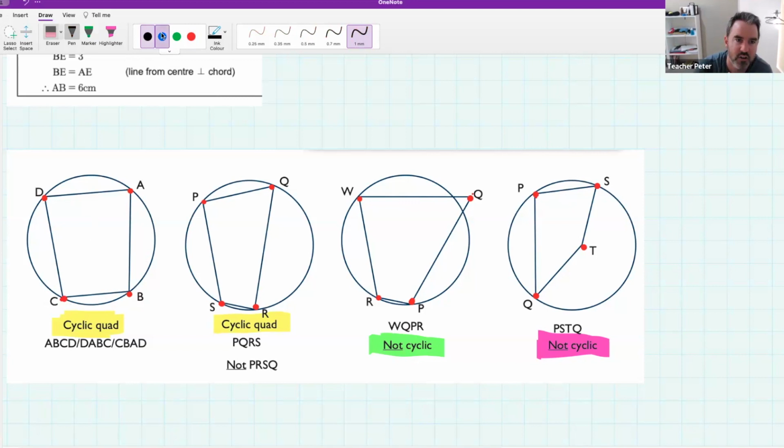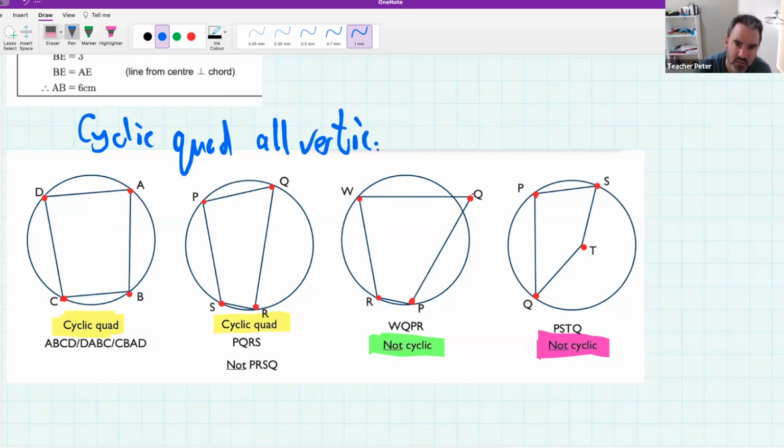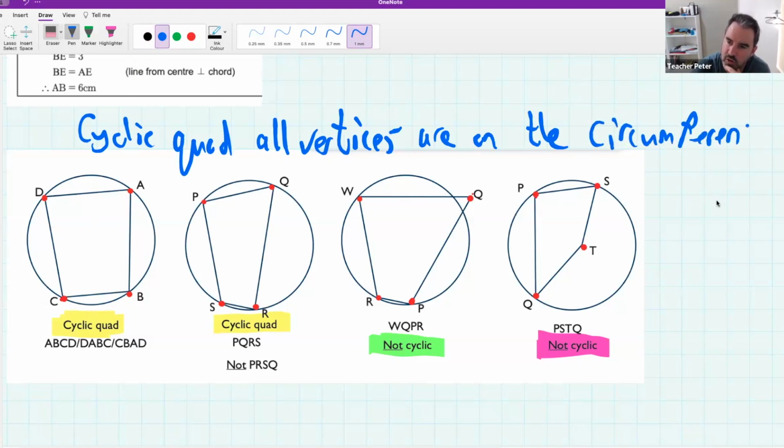So you can say for a cyclic quad, all vertices, or you could say corners, are on the circumference. So that's the reason that this is not cyclic, is that point is not on the circumference of the circle. And in this quadrilateral PSTQ, this is not on the circumference. So only these two are cyclic quads.